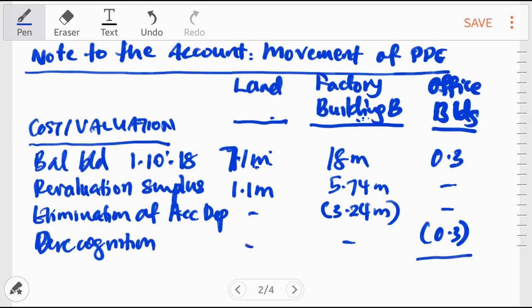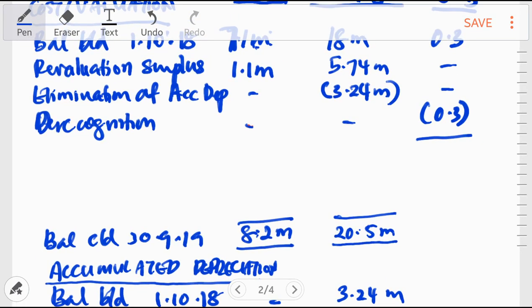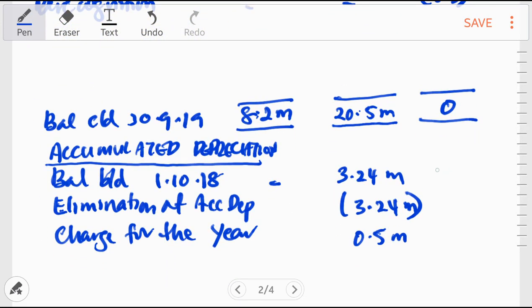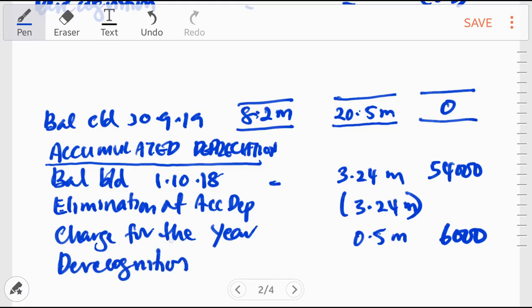And at the end of the year, there is no more balance. The balance is 0. So the same thing here, it will also bring you back to 0. Here is 54. Remember the split between 6 and 54. The current year depreciation was 6,000, and you have the derecognition, or the disposal.